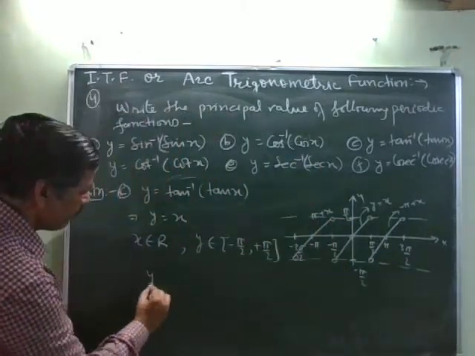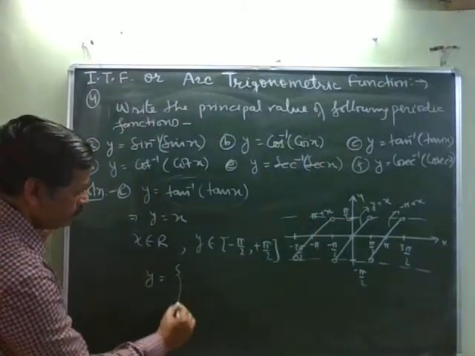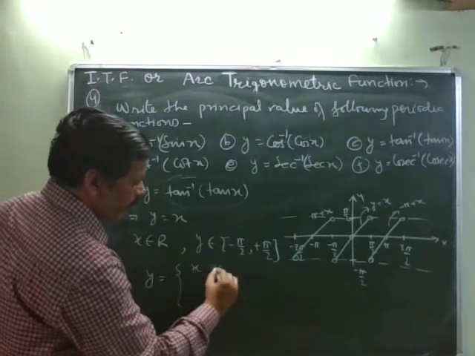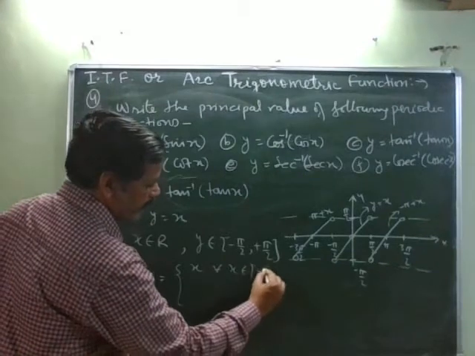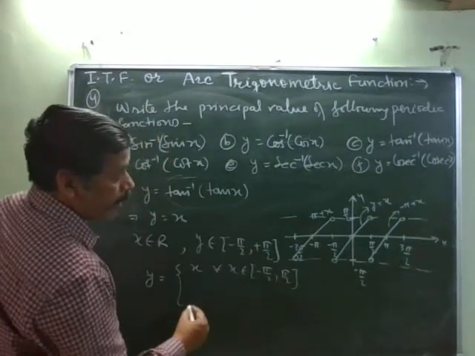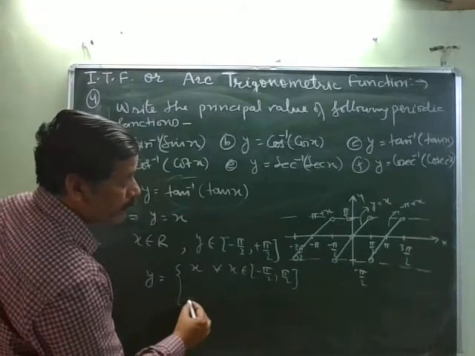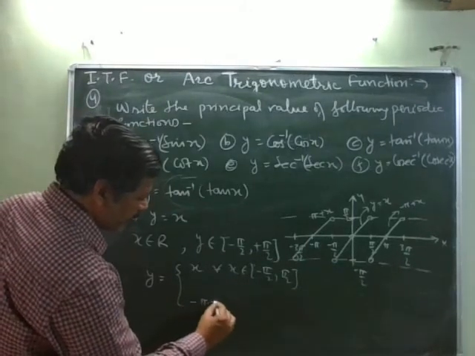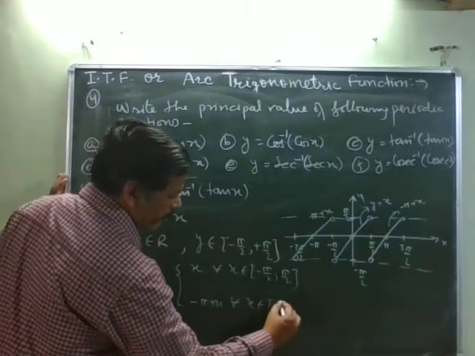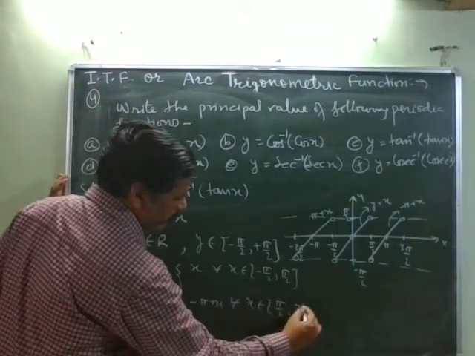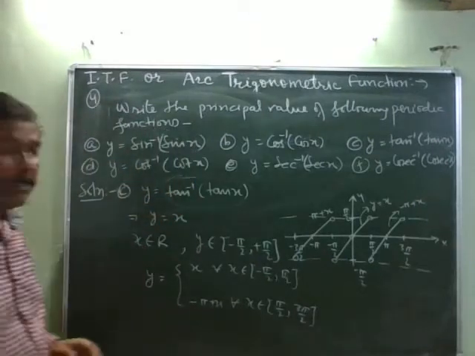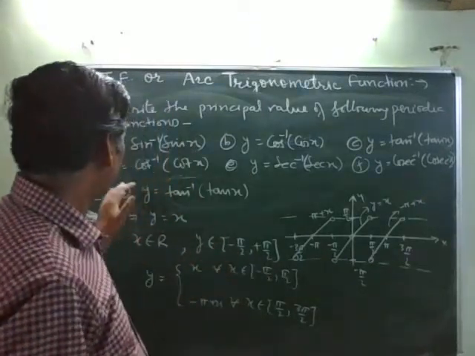Therefore, we can say y is equal to x for all x belonging to minus pi by 2 to pi by 2, and minus pi plus x for all x belonging to pi by 2 to 3 pi by 2. In the same way, you can solve the problem.